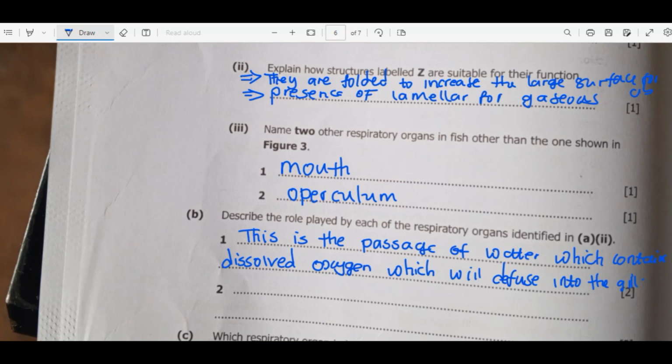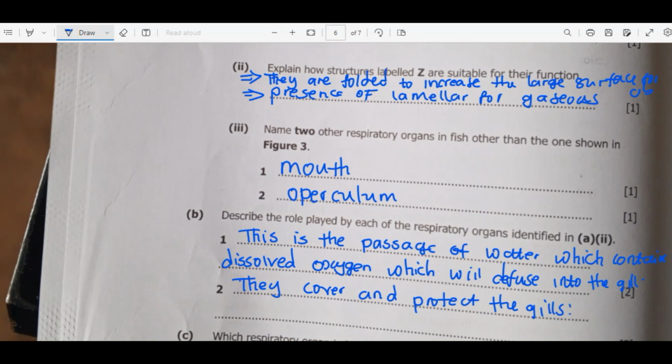Then for the second one, we went with operculum. Operculum is also an organ, and in connection with respiration, there is a role that it does. The first one, we can say they cover and protect the gills.